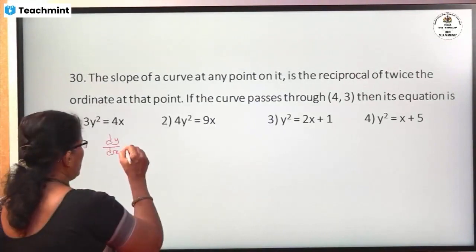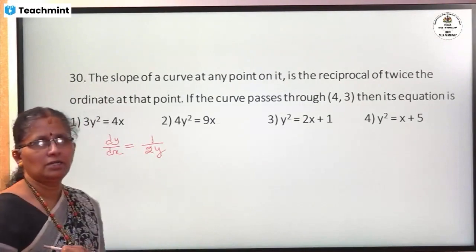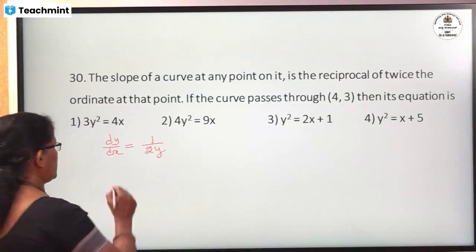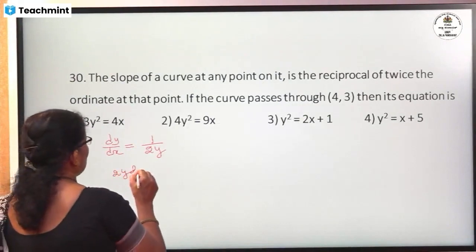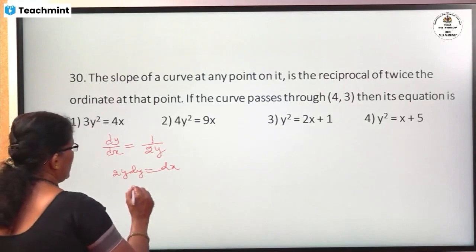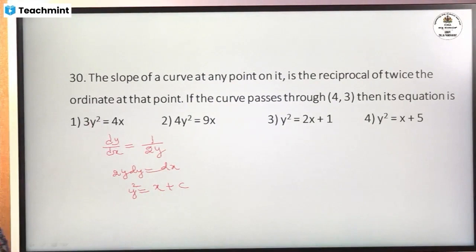So dy by dx is given to be what? 1 by 2 times the ordinate, the reciprocal, of course. So can I write it as 2y dy is equal to dx, which is variable separable, and when I integrate, I get y squared is equal to x plus c.